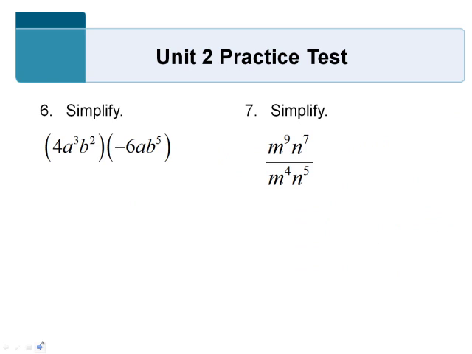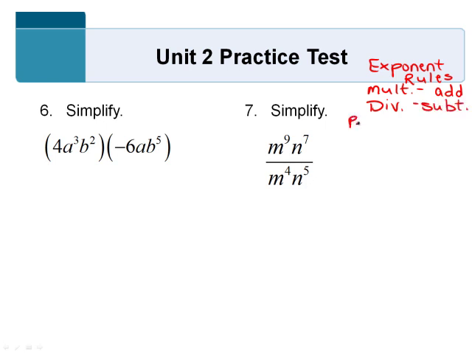Number 6. So here we're getting into our exponent rules. There's 5 exponent rules that you need to know for this test. The first one is when you multiply, if it's a multiplication problem, you're going to add the exponents, okay? So these are exponent rules. Multiply, you add. If you're dividing, you subtract.